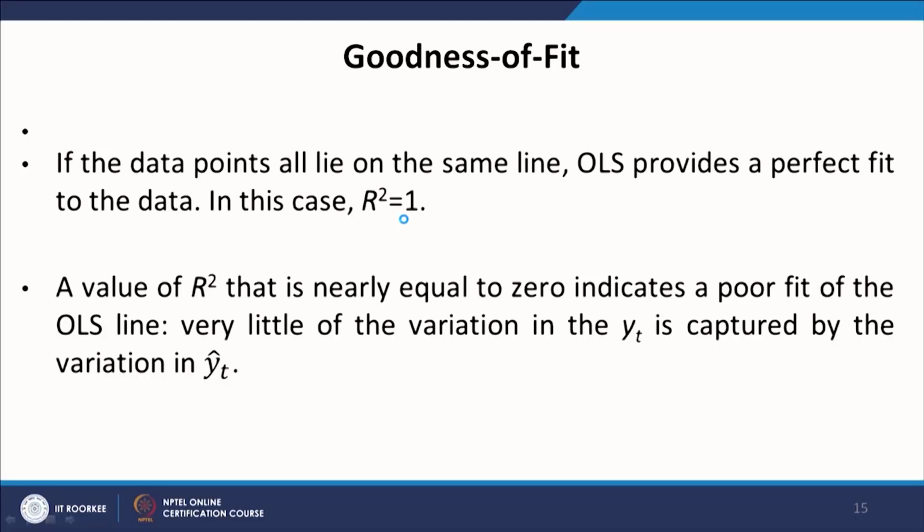A value of R square nearly equal to 0, the other extreme case, indicates a poor fit of the OLS line. Very little of the variation in y_t is captured by the variation in y_t hat. Basically, the difference between y_t and y bar is hardly explained by the difference between y_t hat and y bar. Then R square is close to 0.